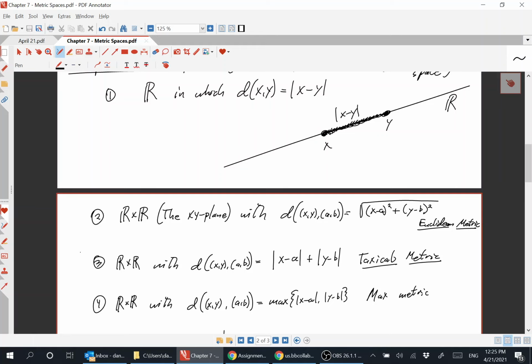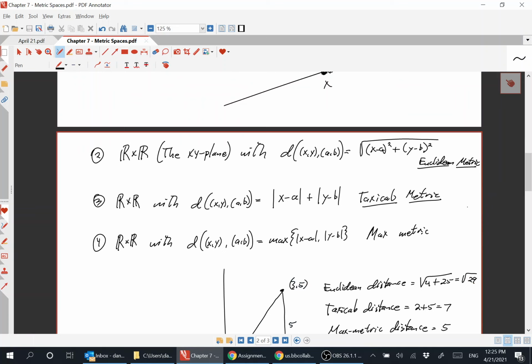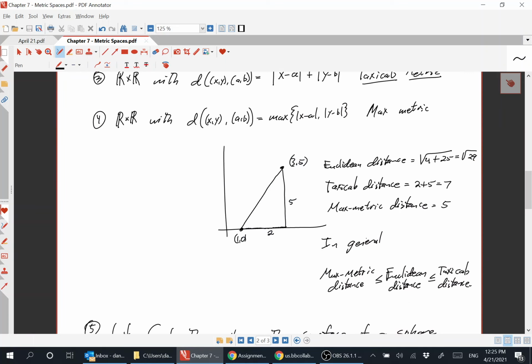And then in the two-dimensional plane, R cross R, we went over 3 different types of metric spaces that you can get. There's the metric space in which distance is given by the distance formula, the Euclidean metric, in other words, the Pythagorean theorem. Distance in the taxicab metric, and this thing that we'll call the max metric.